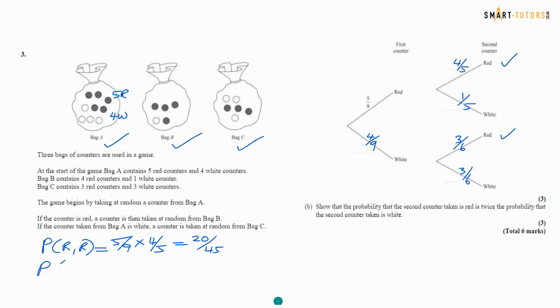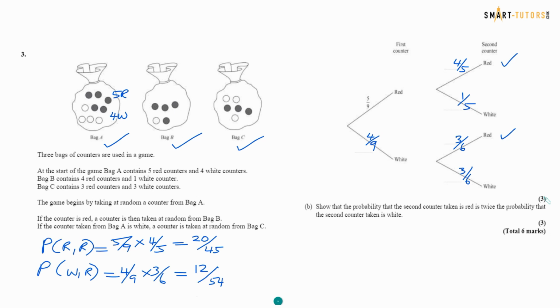And probability of white and red equals 4 upon 9 times 3 upon 6 equals 12 upon 54. So this is the answer we got. So for the red counter probability you need to multiply branch to branch, 4 upon 9 times 3 upon 6.